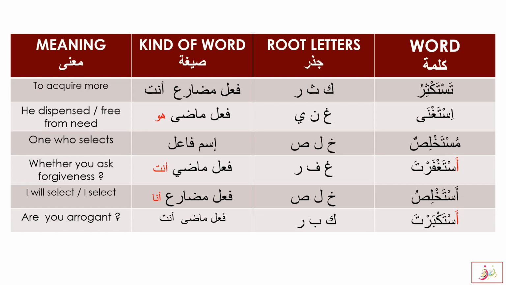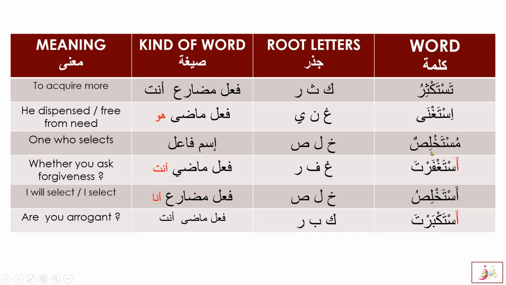Mustakhlisun, the next word is mustakhlisun. The meem is telling us that it must be from ism, and which ism? You know that these are the root letters. The last letters are the root letters. So the ain kalima, you can see here the kasra, which is telling us that this is ism fa'il.